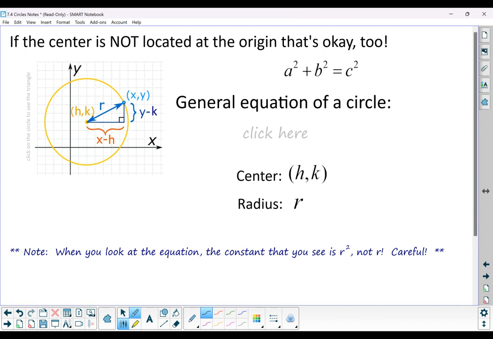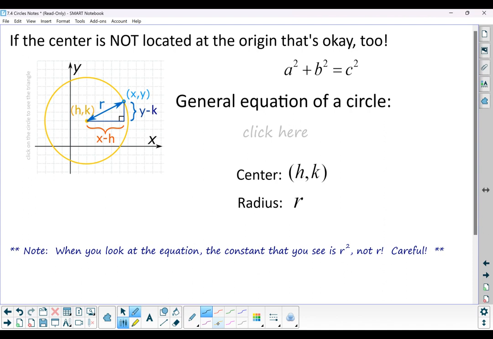So I have the sides of the triangle labeled, but I really want you to understand why the sides are x minus h and y minus k.